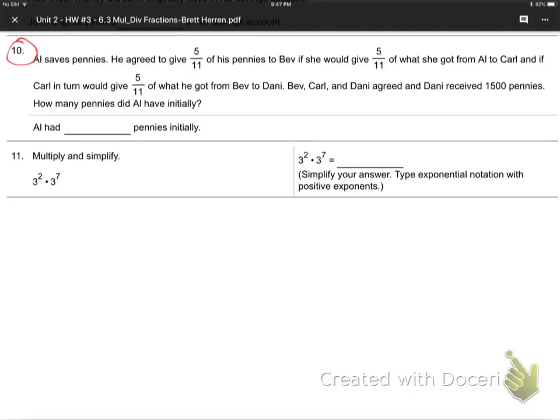Okay, we're doing number 10 here. Just ignore number 11. Al saves pennies.